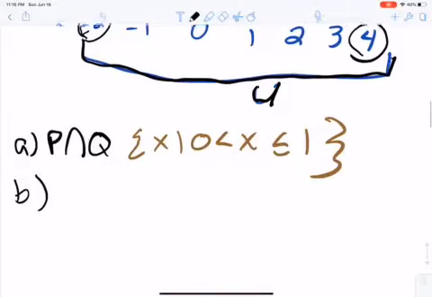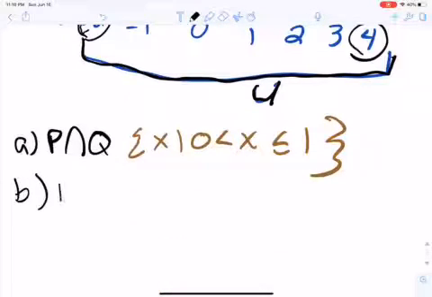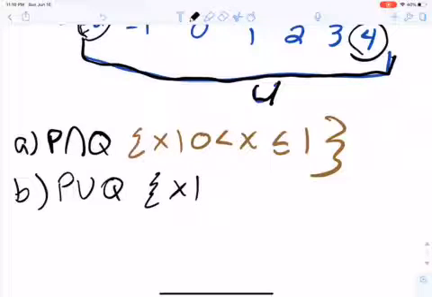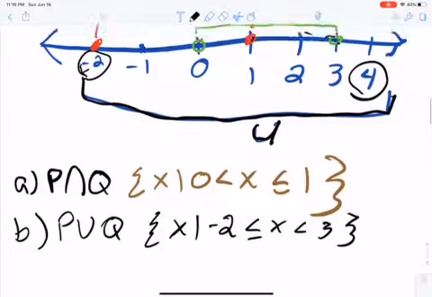So our answer is P union Q is all x's such that x goes from negative 2 to x is less than 3, and we have to include the negative 2 but not the 3.